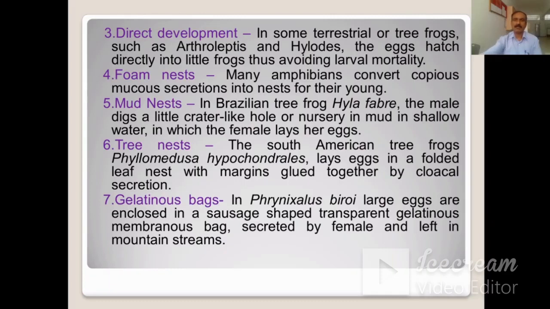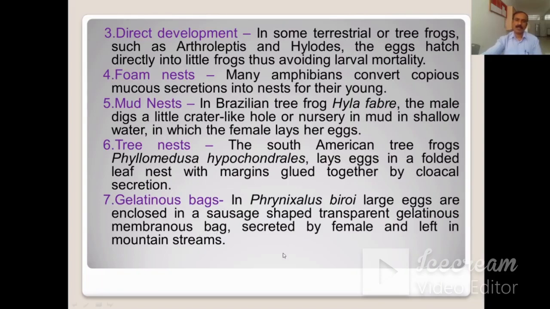The Brazilian tree frog Hyla faber digs little crater-like holes or nurseries in mud in shallow water, in which the female lays her eggs. Then tree nests. The South American tree frog Phyllomedusa hypochondrialis lays eggs in a folded leaf nest with margins glued together by cloacal secretion.